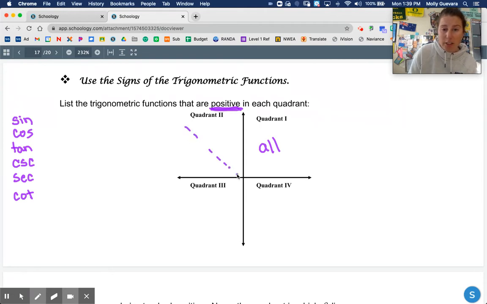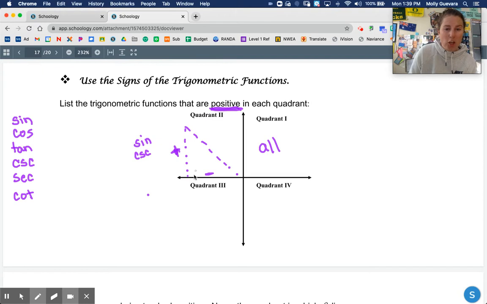In quadrant 2, if I draw my triangle, my x coordinate here is negative. My y coordinate is positive. So sine is my y. So sine here is positive, which means right away cosecant is also positive.